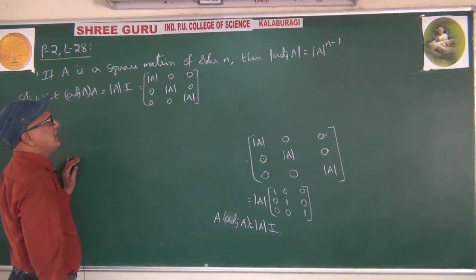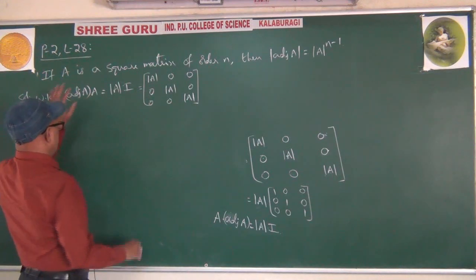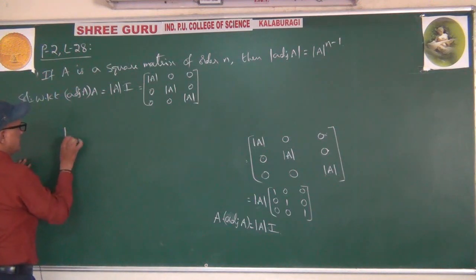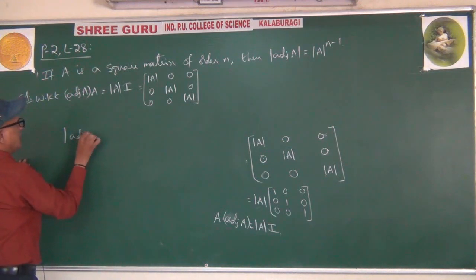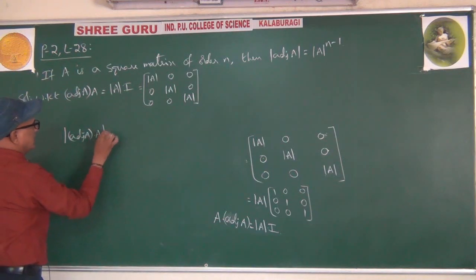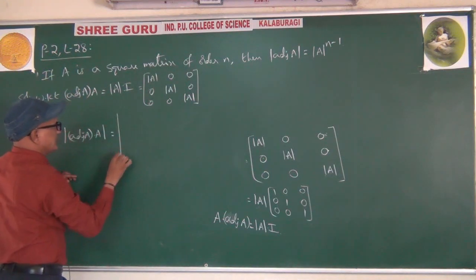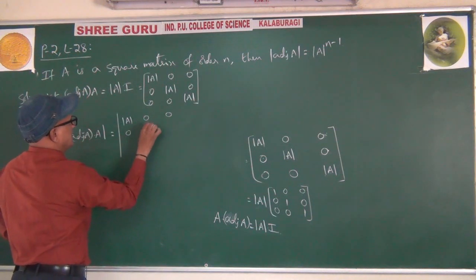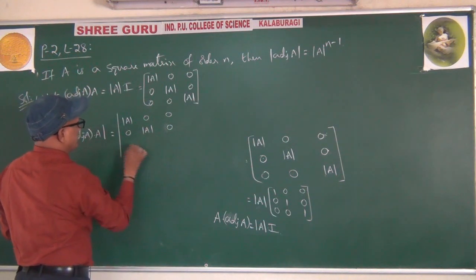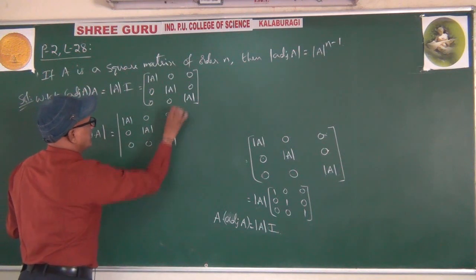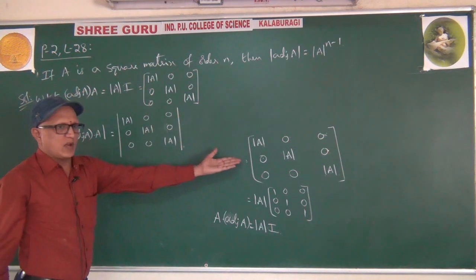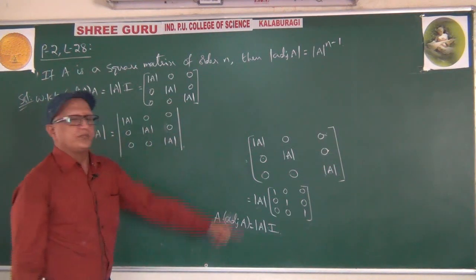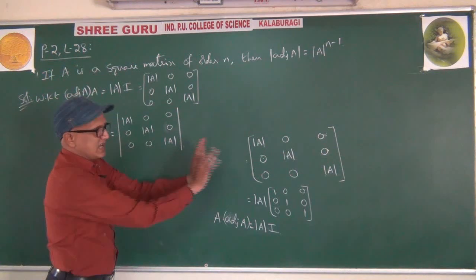I am taking determinant on both sides. Determinant of adjoint A into A equals the determinant with determinant A, 0, 0; 0, determinant A, 0; 0, 0, determinant A. That is a matrix, this is a determinant. I want to show the difference between these two, that's why I kept that simplification as it is.